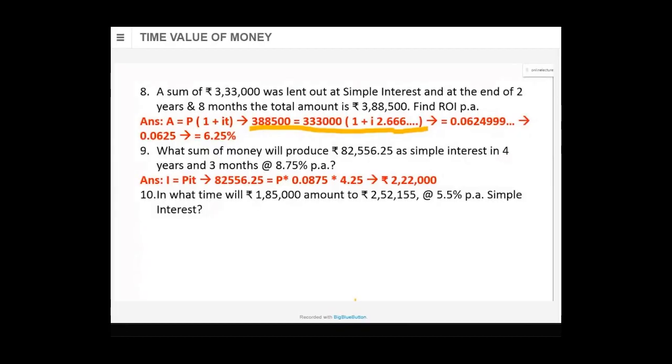It is P. 2,52,155 is A. So use that formula of A. A is equal to P in bracket 1 plus IT, and find out the answer. In what time. So they want time.